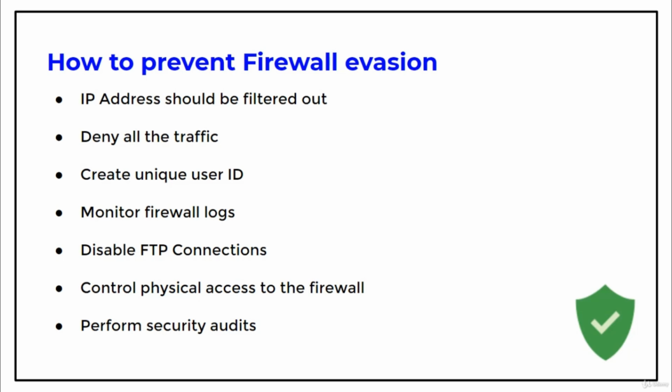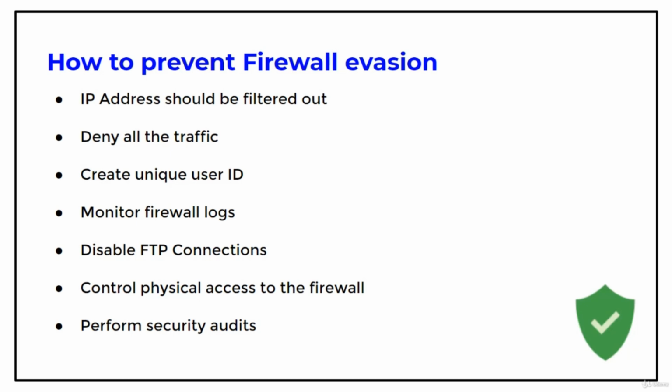Rather than running the services using the administrator or root IDs, it is a good practice to create an individual user ID. Configure a remote system log server and apply strict measures to protect it from malicious users. Monitor firewall logs at regular intervals and investigate all suspicious log entries found.